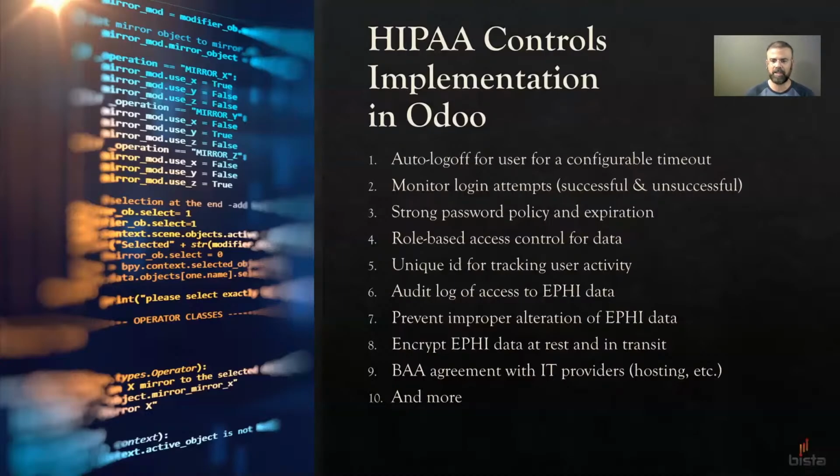You need to be able to track unique IDs for each user, and Odoo always does unique IDs. You need to be able to log login attempts and a lot of logs which are maintained.